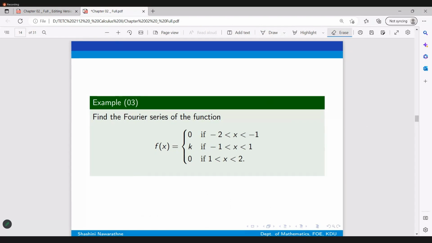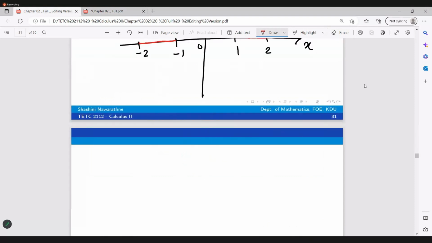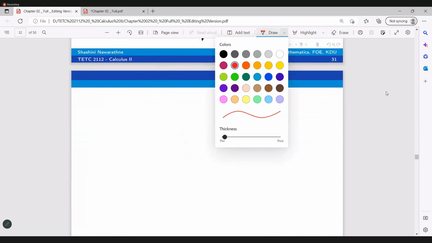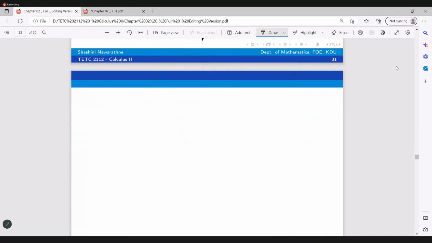Okay, so let's see how we do it. This is a function with period 4. So if we are asked to find the Fourier series of the function, the period P equals 4. That means our L equals 2.